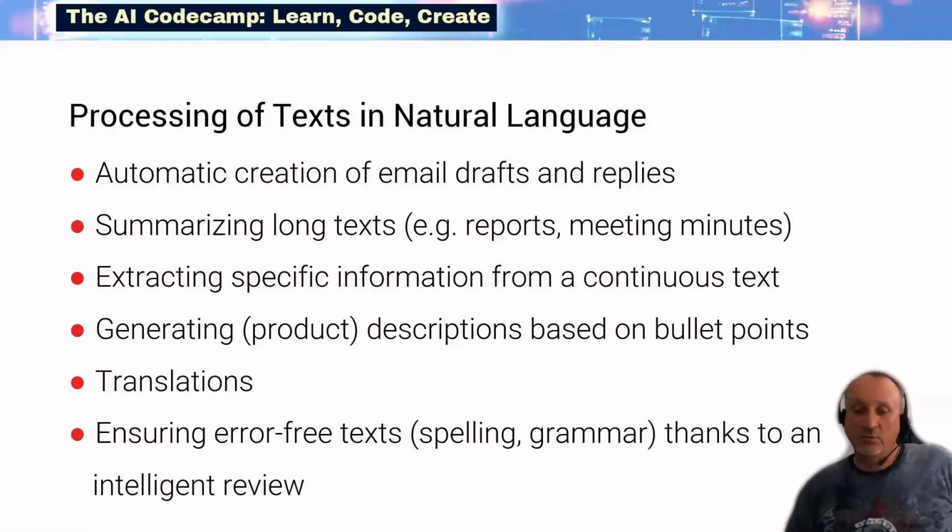There are currently more than 115 languages supported. Or, and this is also an important feature, we can ensure error-free text by using spelling and grammar checks, thanks to an intelligent review. But this is more than we have had in the past with spelling and grammar checks.